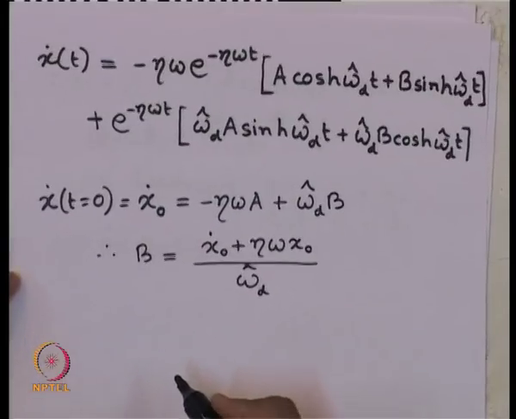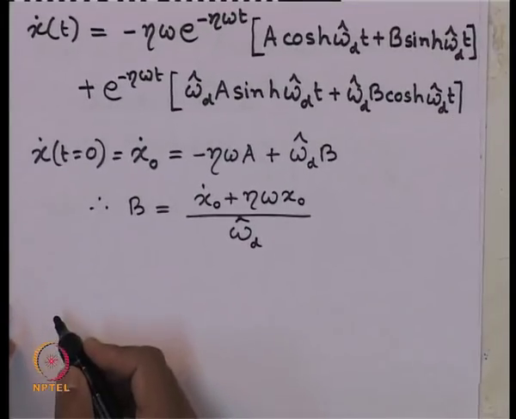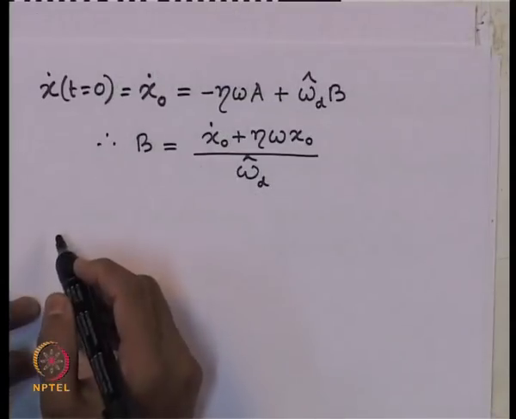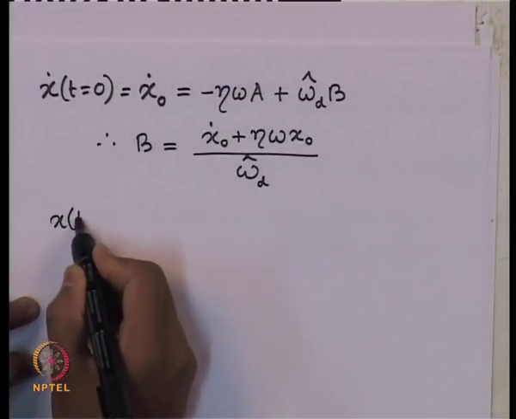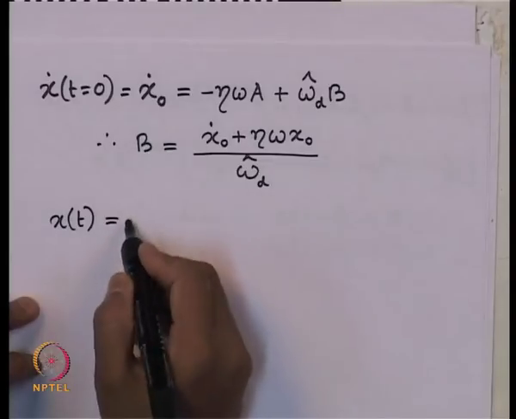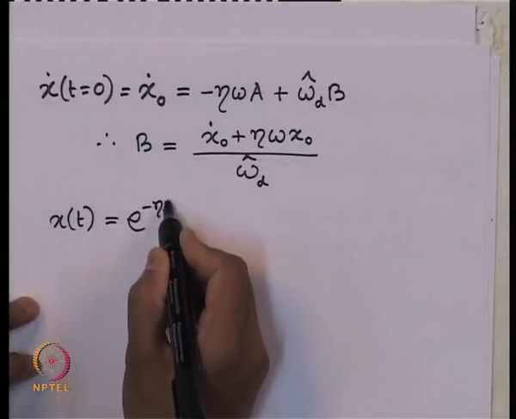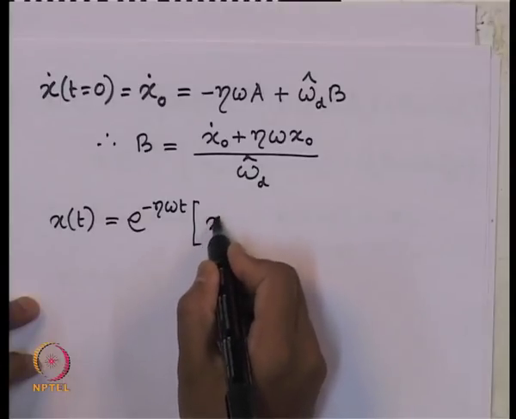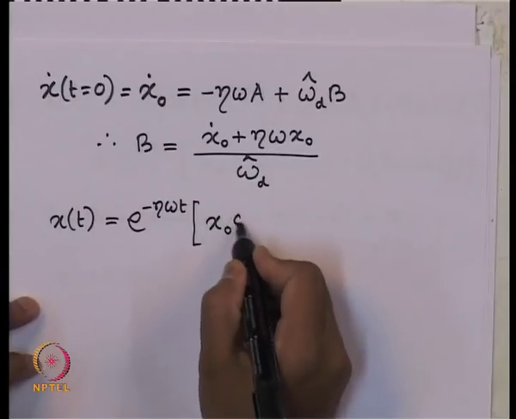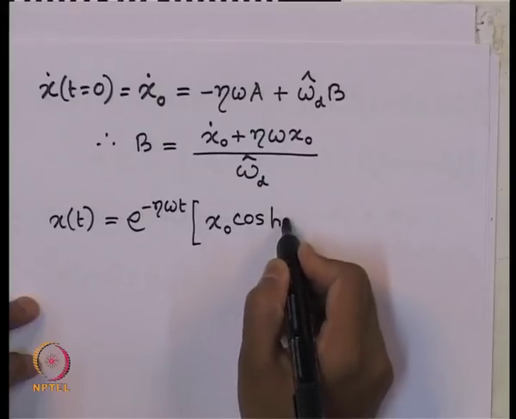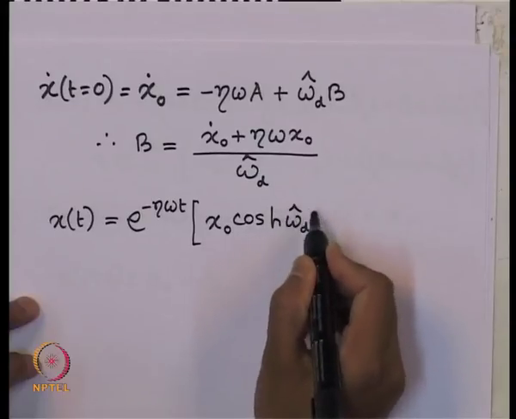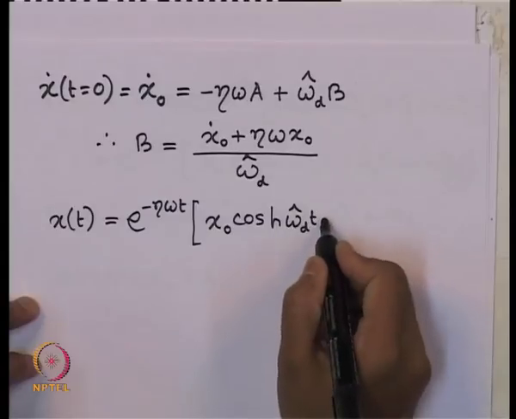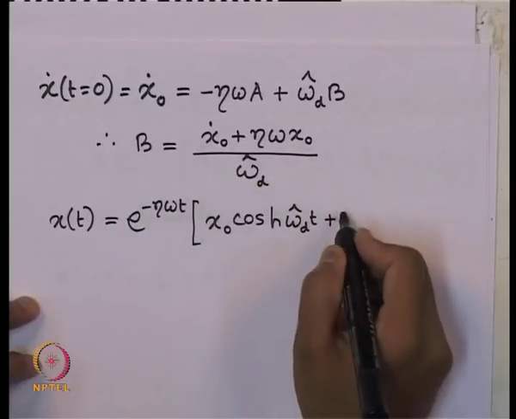So, the final solution takes the shape of x of t equals e to the power minus eta omega t times a is x naught cosine hyperbolic omega d cap t plus b is this term.